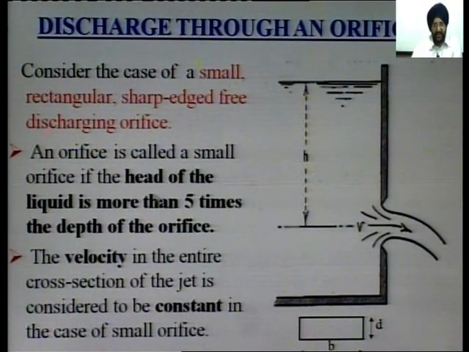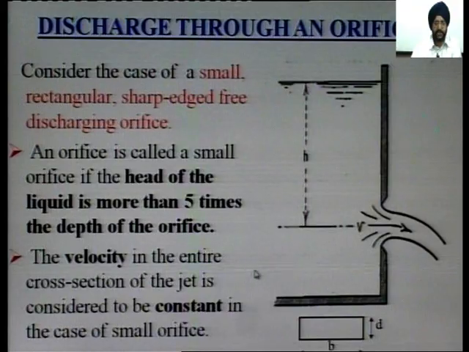we can see here that an orifice is called a small orifice if the head of the liquid is more than 5 times the depth of the orifice. Now, if this is the depth of orifice and this is the head of the liquid, if this head is 5 times greater than this depth of the orifice, then it is a small orifice, the definition of small orifice.